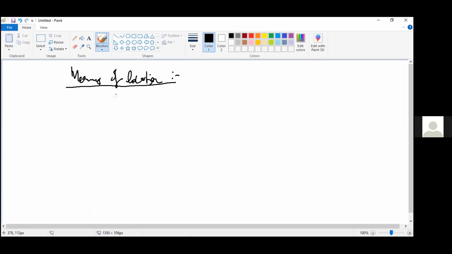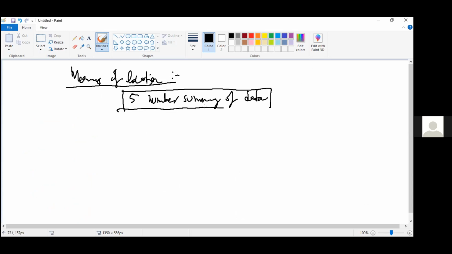When we talk of measures of location, we are actually looking for the 5-number summary of your data.